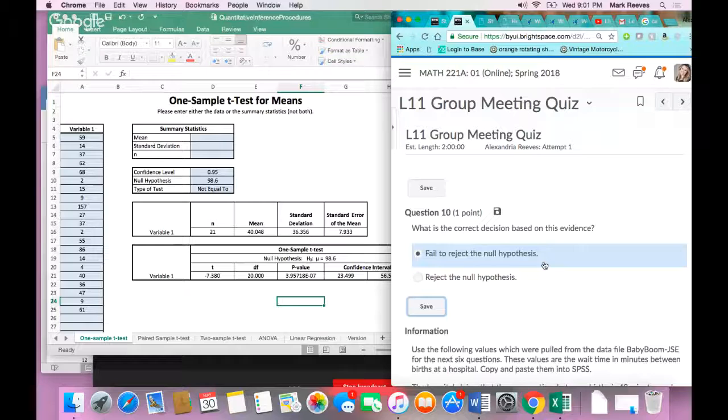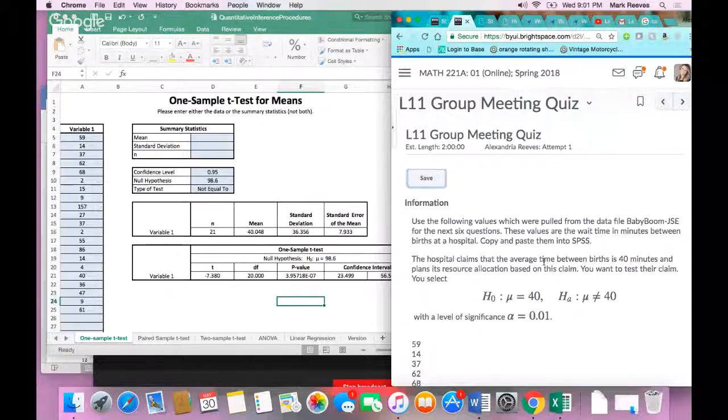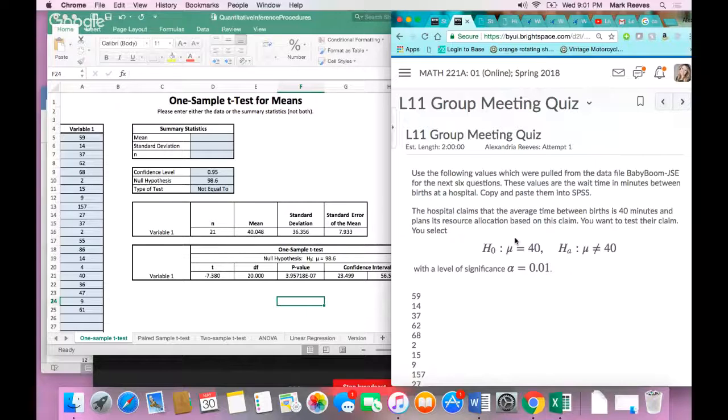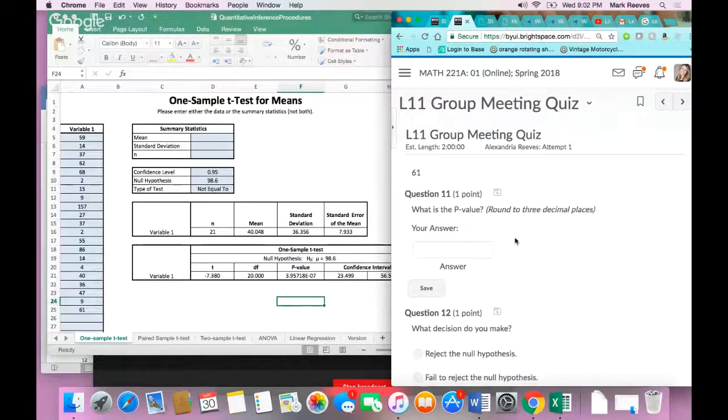Okay, what is your confidence level at? 0.95. And what's your null hypothesis? Ah, okay. I didn't change that. So change it to 98.6. 98.6. And then what are we doing? Did it tell us what we're looking for? It just says, not equal to. What is the p-value?